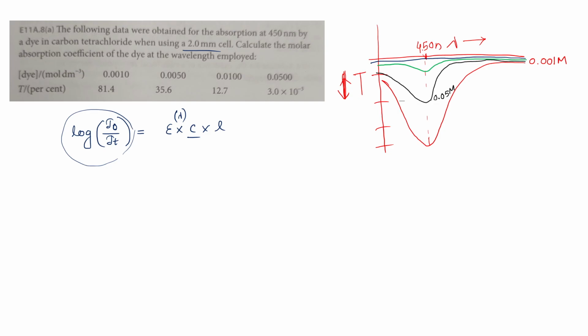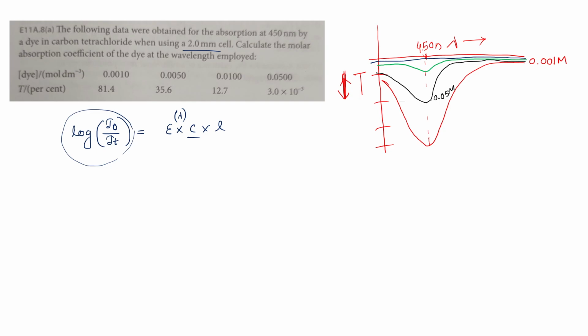It should not. As you are increasing the concentration, actually that is playing a major role. Your epsilon is actually dependent on lambda, not concentration. It will be dependent on concentration if some ground state reaction occurs, or due to high concentration some aggregates form, then the species will itself change, right?